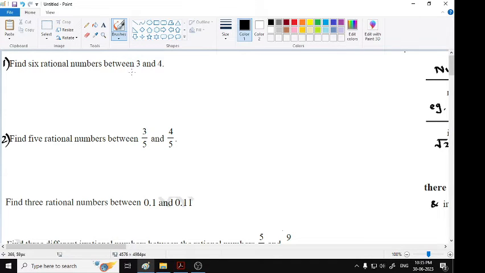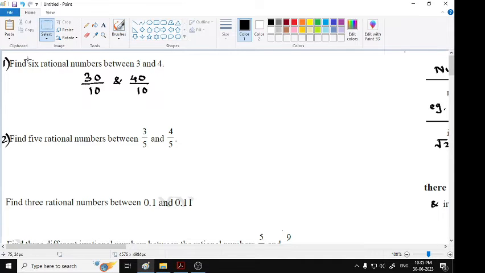But the simplest method is to write the equivalent fractions of 3 and 4. These can be written as 30 upon 10 and 40 upon 10. The value of 30 upon 10 is 3 and 40 upon 10 is 4.